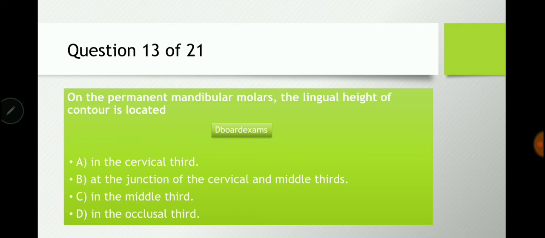So if you reviewed last week's video, you should be able to know this. Is it in the cervical third? Is it at the junction of the cervical and middle thirds? Is it in the middle third, or is it in the occlusal third? As we mentioned last week, most of the heights of contour of the molars are in the middle third. So our answer is going to be C.